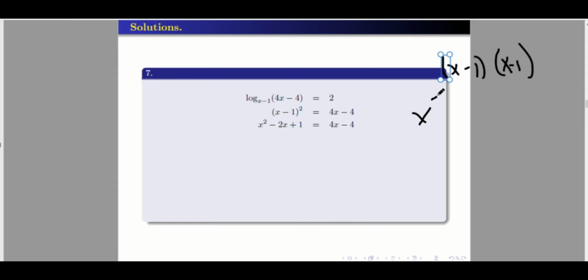So we have x squared minus x minus x plus 1, so x squared minus 2x plus 1. Okay, so FOIL method, so distribute and distribute. That is why we have x squared minus 2x plus 1, and then just copy the other side.